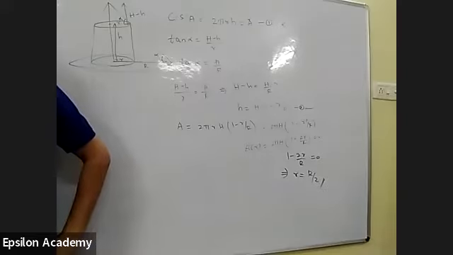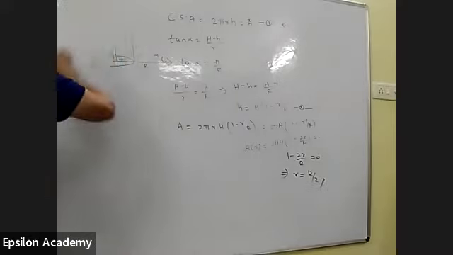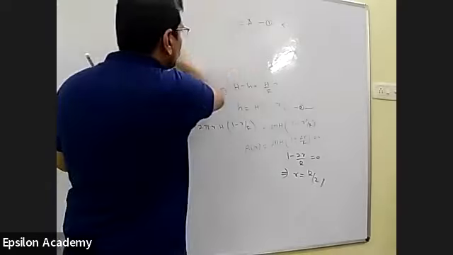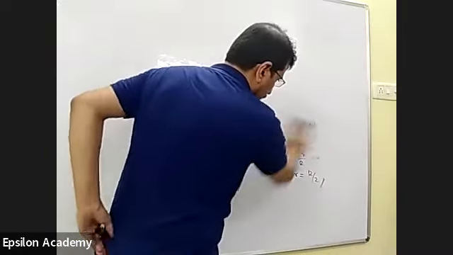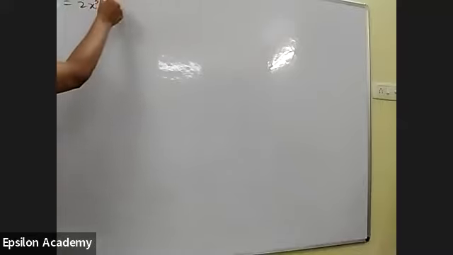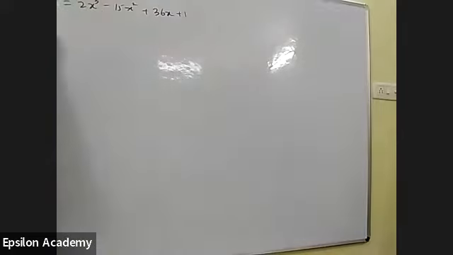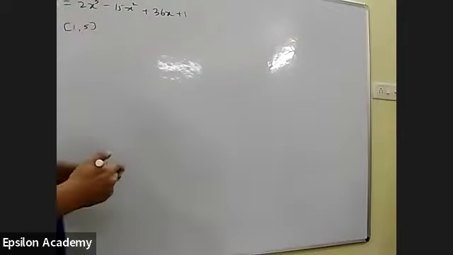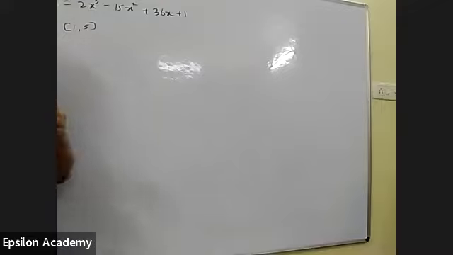Find the absolute maximum and minimum values of the function f(x) = 2x cubed minus 15x squared plus 36x plus 1 on the closed interval [1, 5]. Till now you have done problems based on open intervals. Now they are asking for the absolute minimum and absolute maximum.